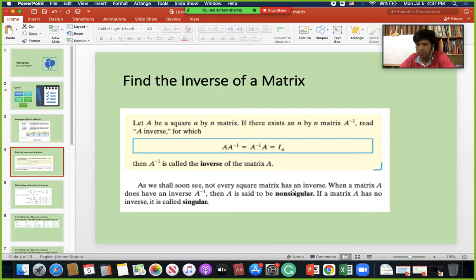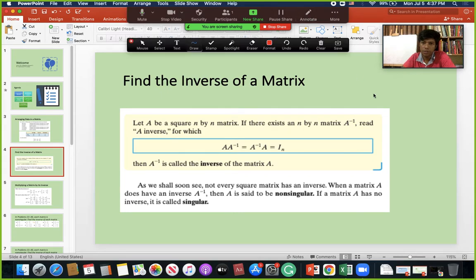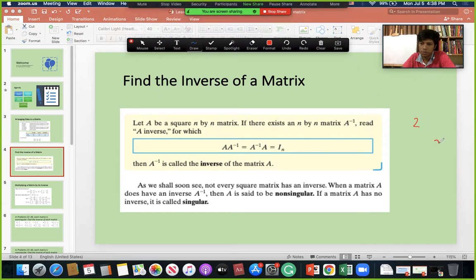First of all, to get the inverse, the matrix needs to be non-singular. If a matrix is singular, then there is no inverse. Singular means the determinant comes 0. Like this example that we said in the class: 2, 3, 1, 6.